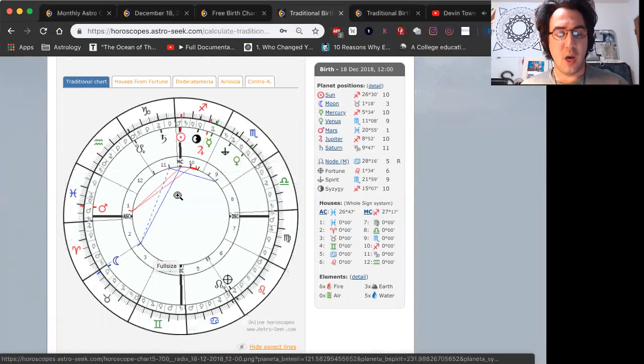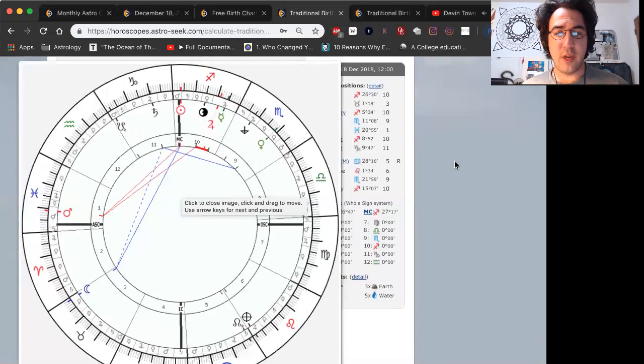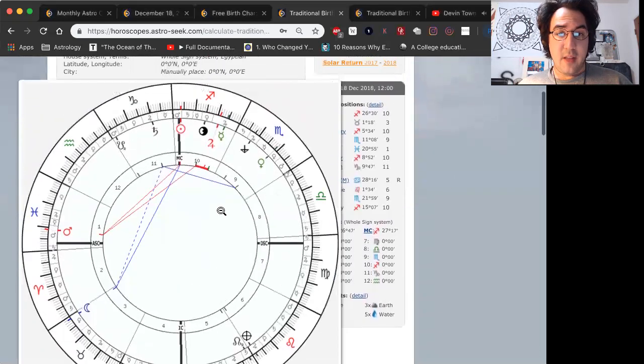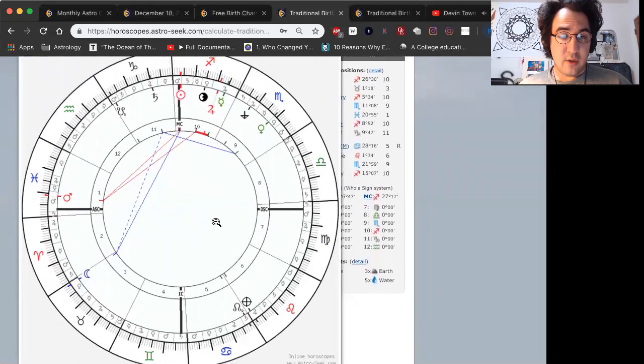So not only does he rule the ninth house, he rules the lot of spirit. And then he also rules the second house. Okay, cool. So basically what's happening is that Mars themes are marking the person's passage through life in a major way.